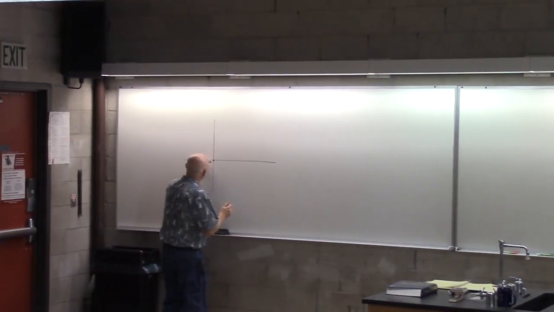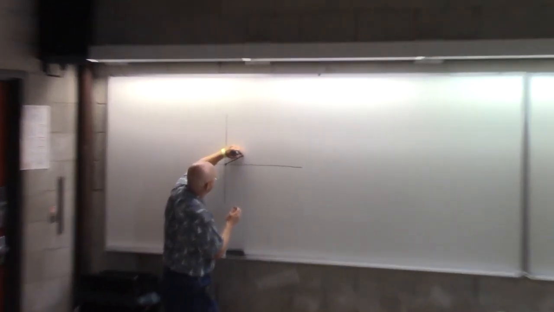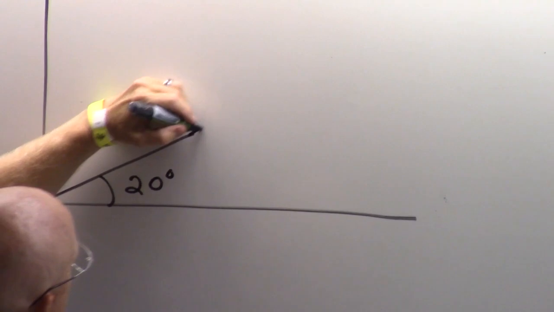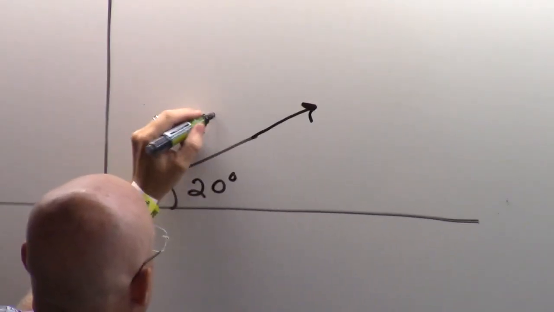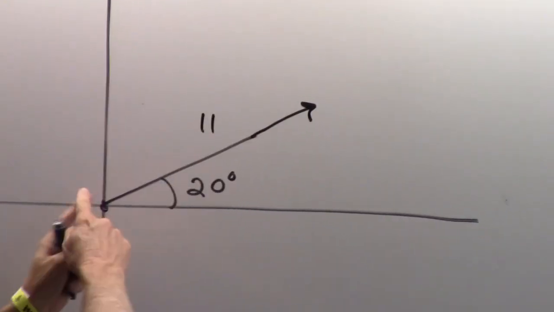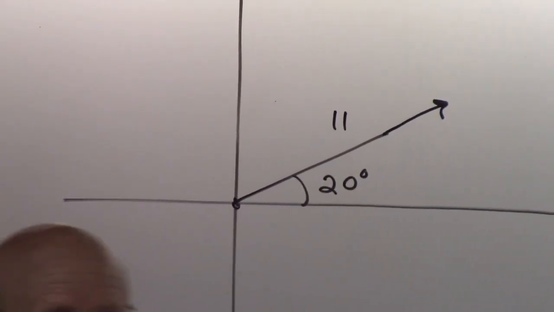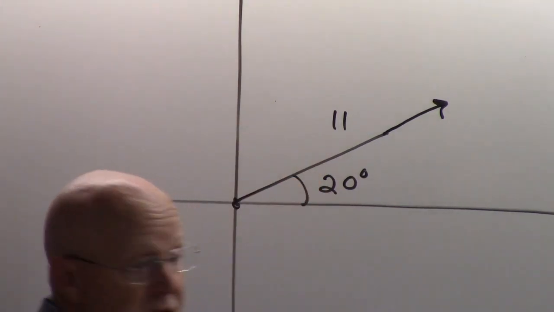Here's what I described. I described starting here, turning, and I said 20 degrees, and I said 11 steps. So let me put a little 11 here. So I'm going to draw this, the equivalent of 11 something, whatever 11 steps are. And it's at 20 degrees.